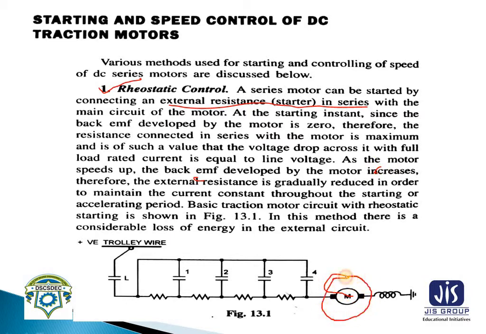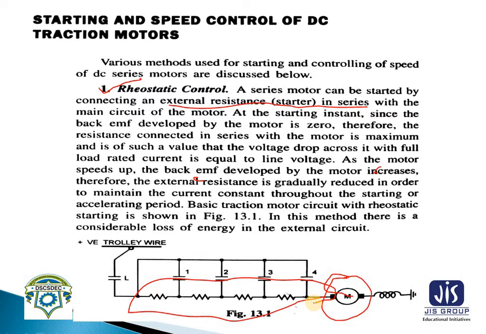this part, and with this DC motor, we have connected a rheostat in series with it. Since the back EMF developed by the motor is 0, the resistance connected in series with the motor is maximum and is of such a value that the voltage drop across it with full load rated current is equal to the line voltage.